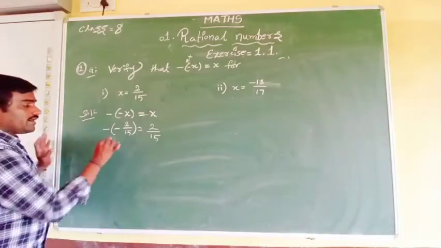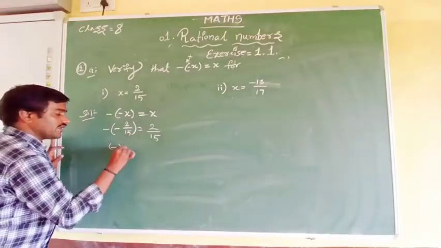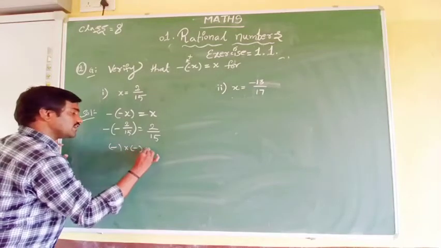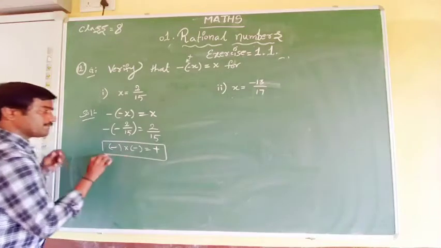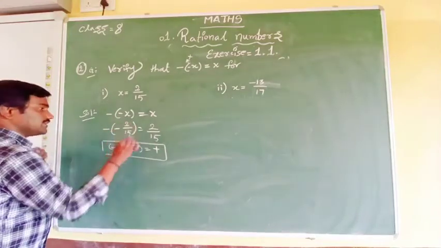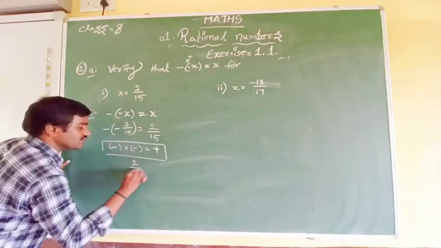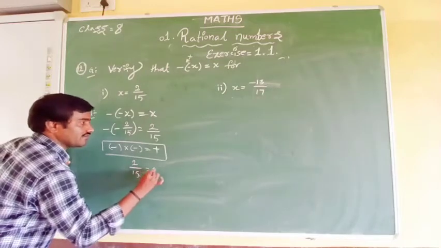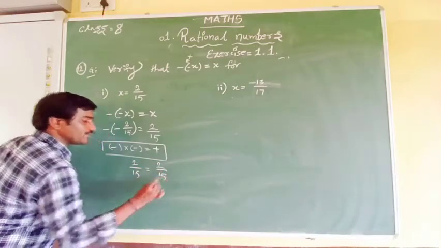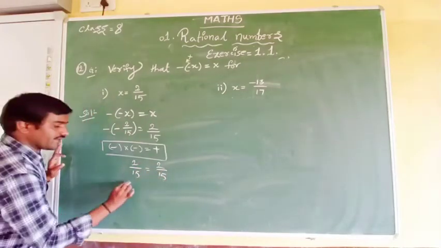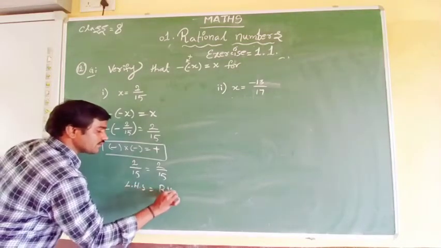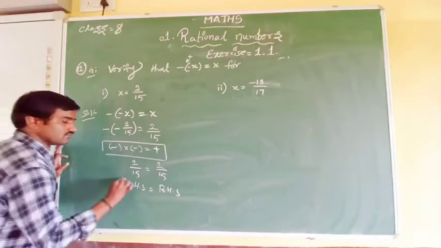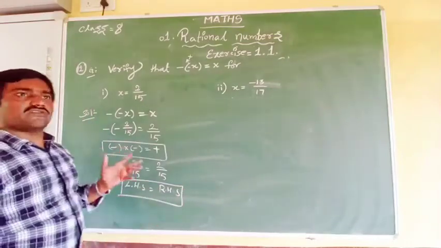But as we know, minus into minus equals plus. This is the property we use. So 2 by 15 is left. That is equal to 2 by 15. Is it satisfied? Is the LHS equal to the RHS? Yes, and it is verified.